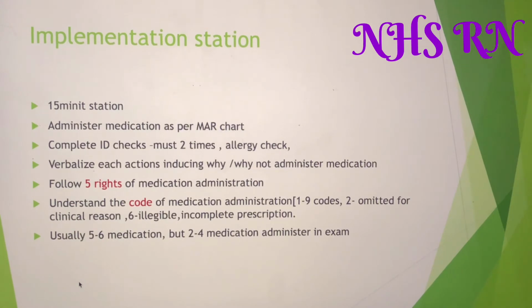Okay, in that you can handle privacy, check the area is safe to approach, then introduce yourself, then do ID checks, 3-way ID checks. But in the implementation station, you have to do 2 times 3-way ID checks.